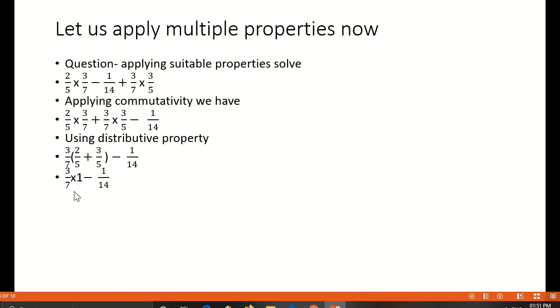So 5 divided by 5 gives me 1. So 3 by 7 into 1 will be 3 by 7, and minus 1 by 14 remains as such. Then we have to take the LCM of 7 and 14, which is 14. So numerators will be solved as 6 minus 1, which gives me 5 by 14 as my final answer.